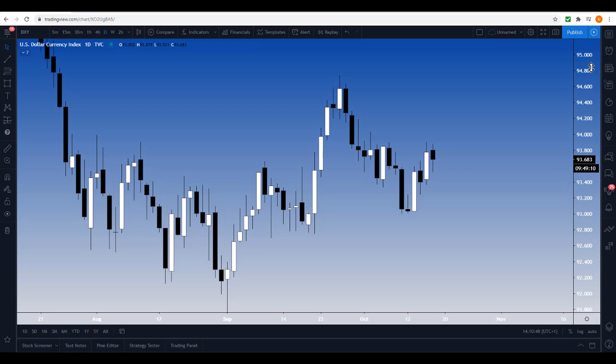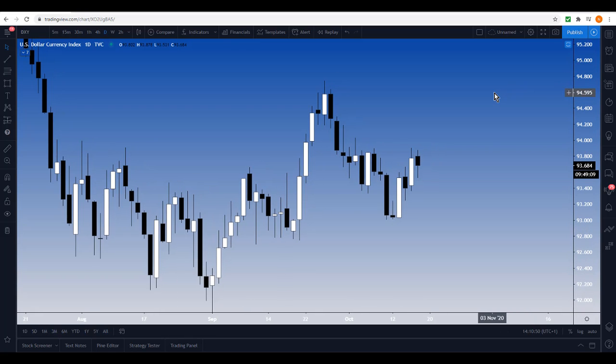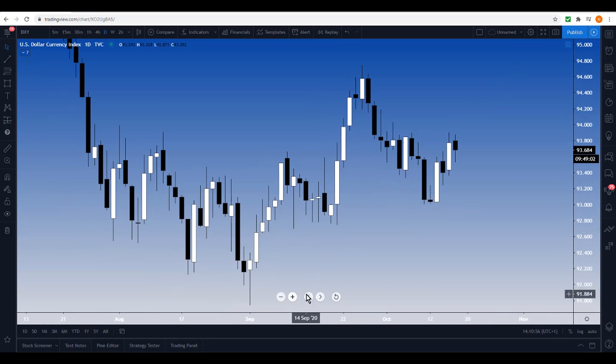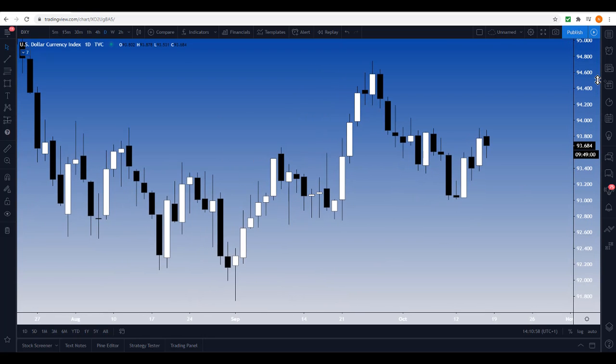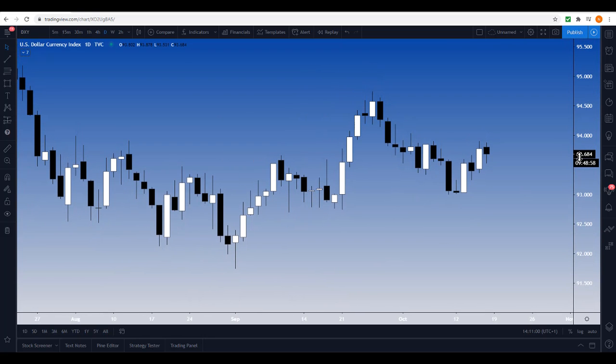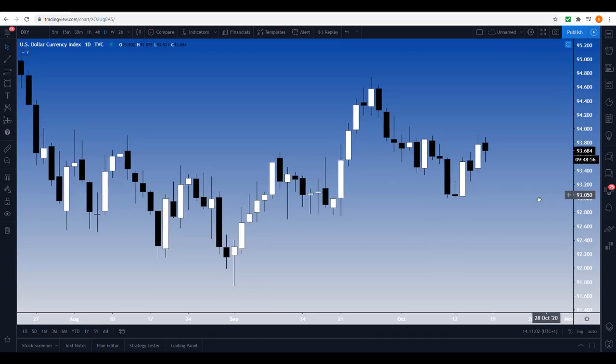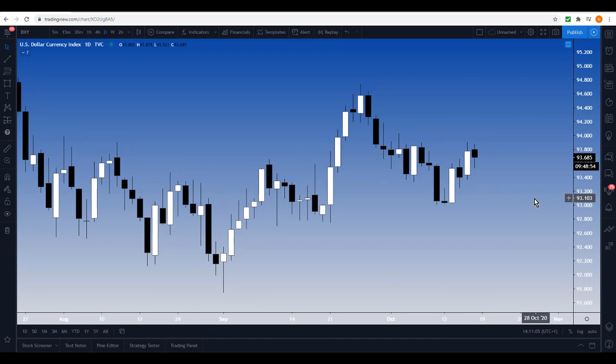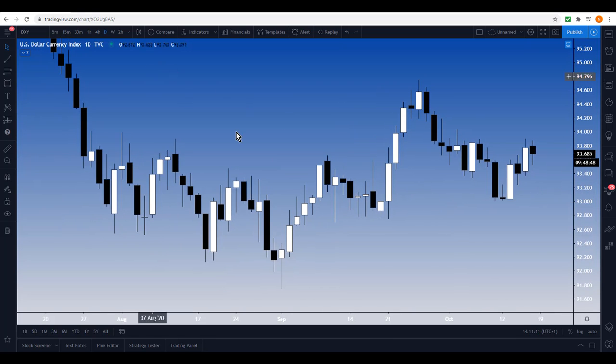Let's have a look. We were looking at potential dollar strength coming in, first of all because of seasonality. On average this time of year we normally see the dollar index make strong moves to the upside, but you can see here on the daily chart there's this momentum downwards, this downtrend.